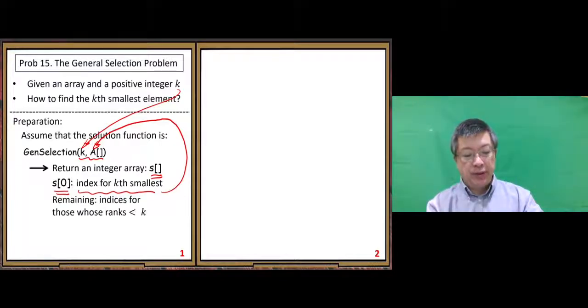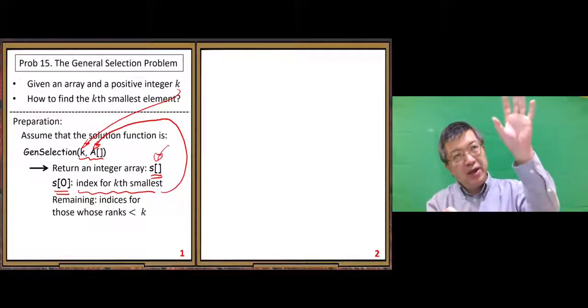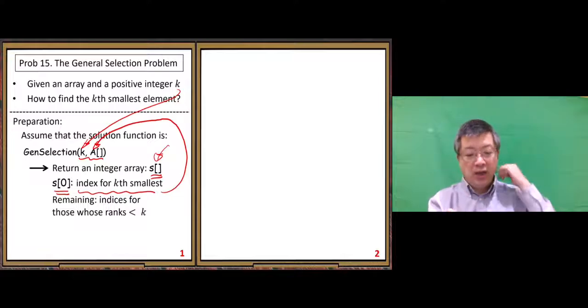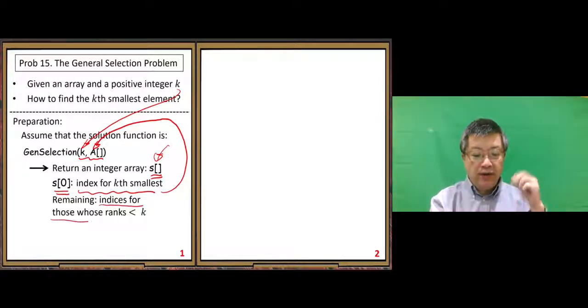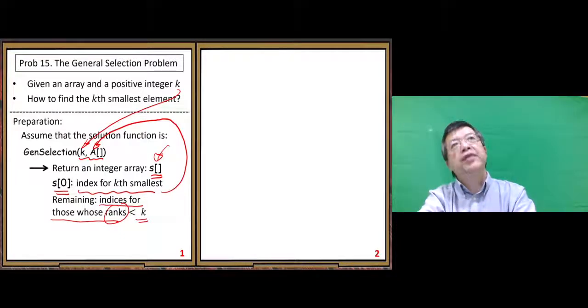But for the remaining elements in this array, we need to get more indices. What are those indices? Indices for those elements in A array whose ranks are less than k. We also need those elements.